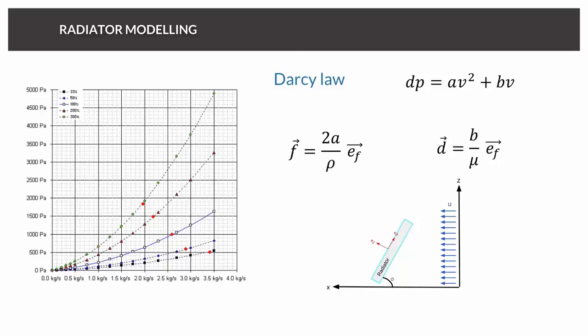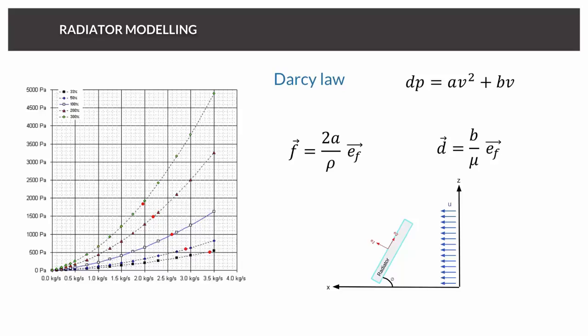So we do something else, and we use Darcy's law and the porous media formulation to model the effect of the radiator. Darcy's law describes the pressure drop when a fluid is streaming through a porous medium. This pressure drop is represented as a quadratic function, which depends on two parameters, A and B, and on the mass flow rate through the porous medium.